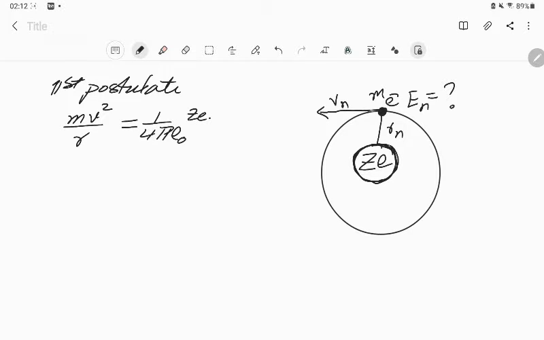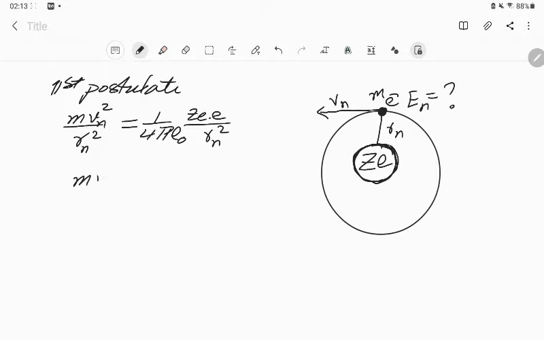Ze into Q2, what is the charge of the electron? The electron charge is e, by R square. So what is the distance? Rn, so Rn square. And the velocity is also Vn. Now you take this Rn to the other side.